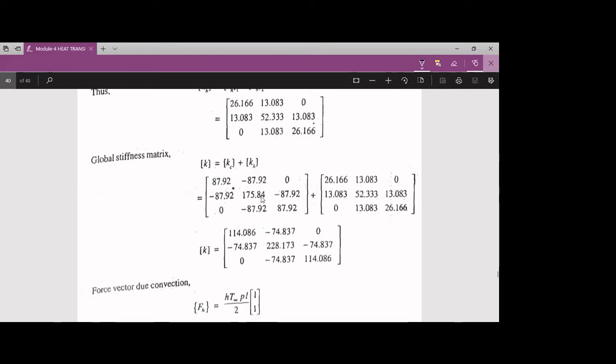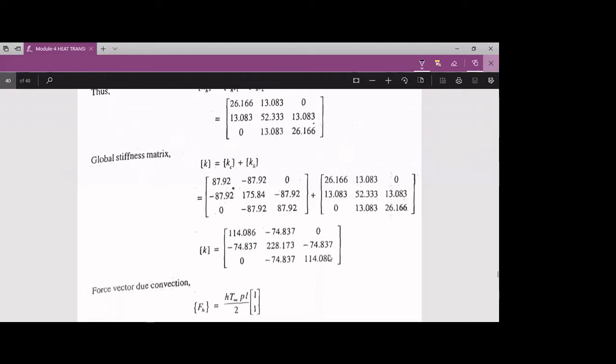Again 175.84 plus 52.33 gives 228.173. Again here minus 87.92 plus 13.083 gives minus 74.837. Similarly, 0 plus 0 gives 0, and the remaining terms are added to give these values. This is how we get the global stiffness matrix after obtaining the conduction and convection matrices.